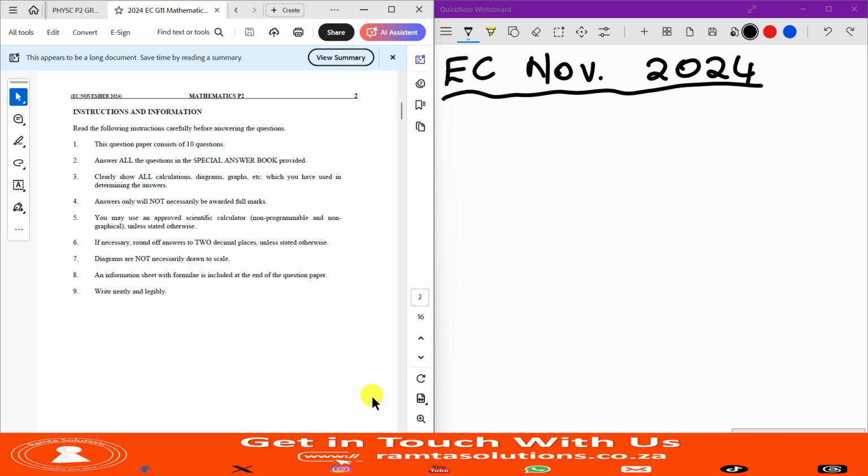That's very key. I want to go back to instruction 2. In the answer book, the space is allocated for you to write your solutions. They will give you sufficient space for your answers. So please make sure that if you are not sure of your answers, use the empty space given at the back so you can make your calculations there and transfer them to the section that needs to be marked so you get your marks there.